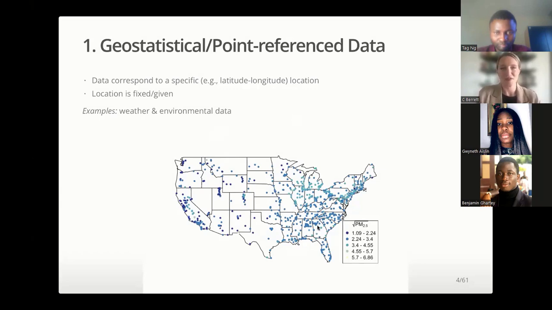My applications are usually in environmental or health data, and those are the applications that come to my mind really quickly, but it's also common in business settings, if we have company data on how much is being sold at different stores and things like that. So this type of data is very common.